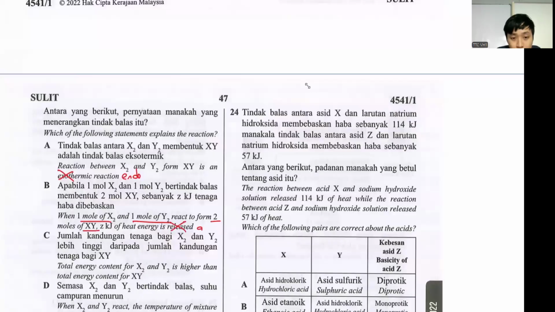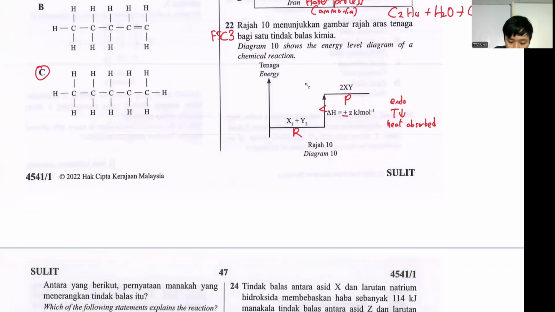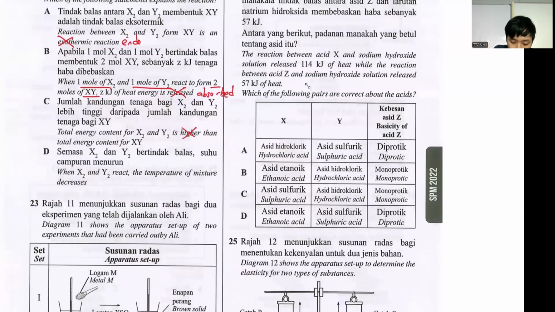This is absorbed, not released. Total energy content for X2 and Y2 is higher? Wrong, X2 and Y2 is lower than XY. So the answer is not B. Temperature of mixture decreases, correct.